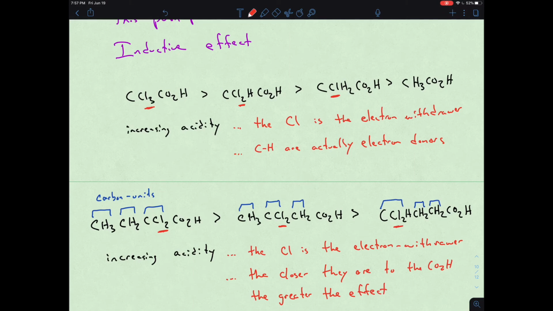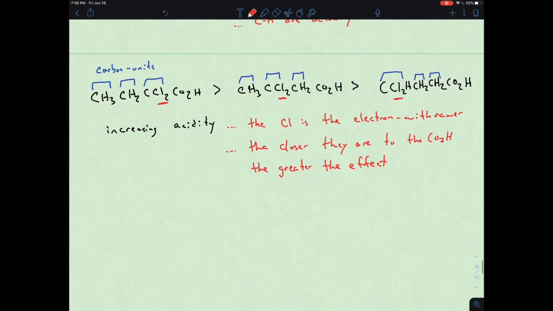So that's that idea of electron withdrawing groups and how they can pull away electron density.